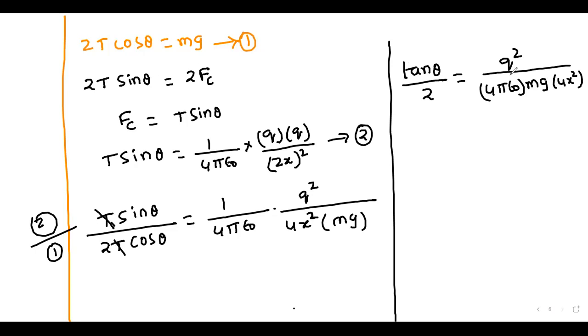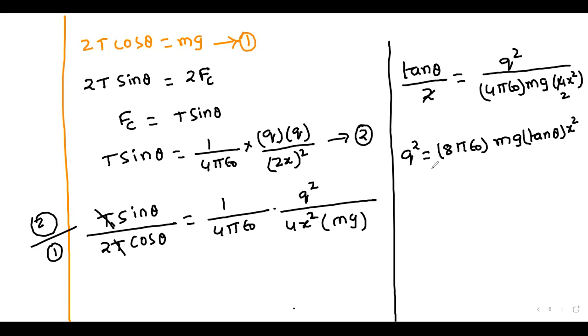I need to find the charge. So q square is equal to 8 pi epsilon naught mg tan theta times x square.